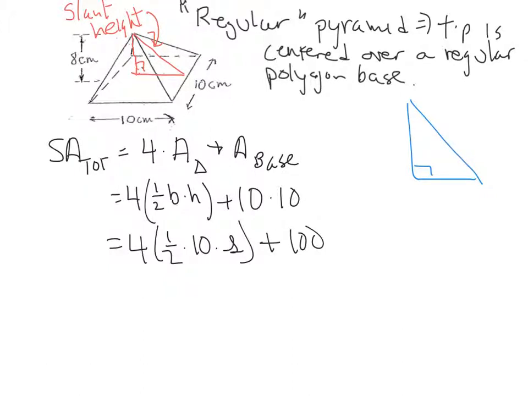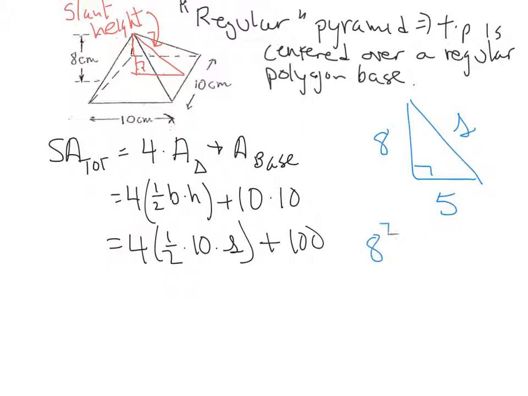Now, since we've brought the tip straight down to the middle of the base, the dimension along the bottom of the triangle is going to be 5. That's half of our 10 all the way across the base. And of course, the height of this right triangle is the same as the height of the pyramid itself. So what we're looking for is S, and S can be found using the Pythagorean theorem.